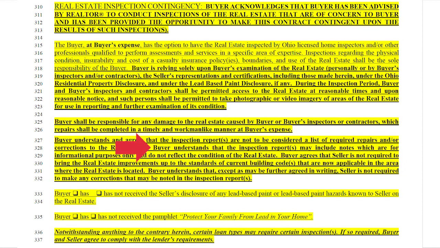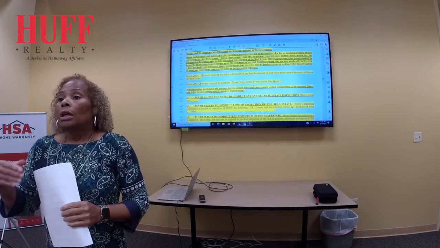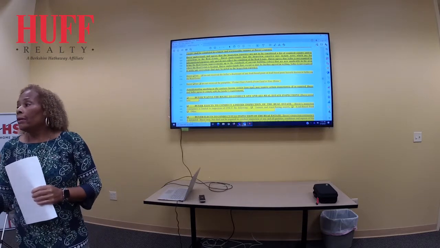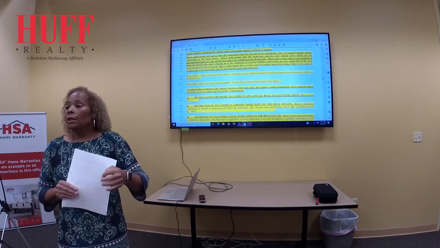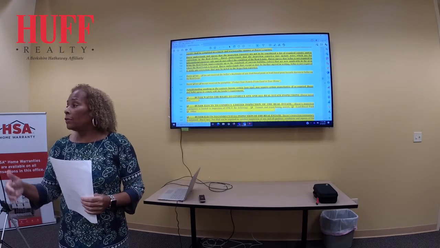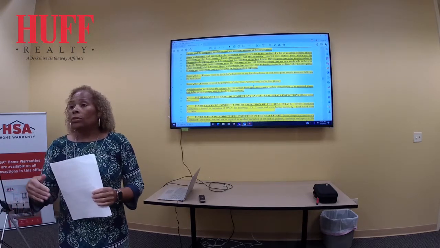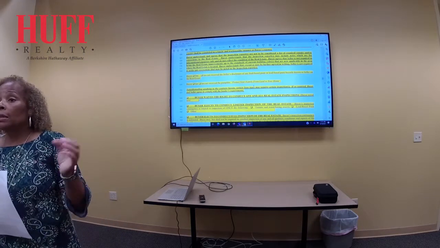It says the buyer understands that the inspection report may include notes which are for informational purposes only and do not reflect the condition of the property. The goal here in rewriting this is basically to not allow the inspection contingency to be an easy out. They have to identify specific defects.